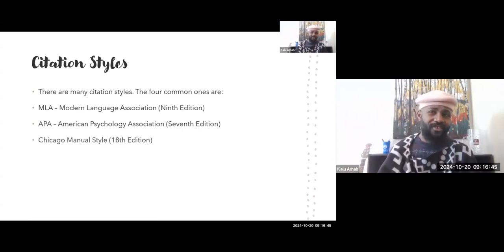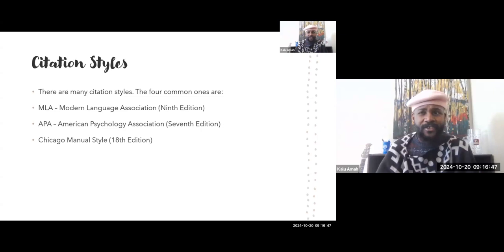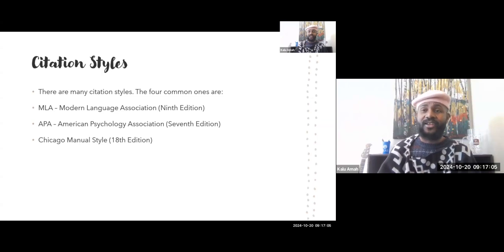But then your professor might want something different. A journal you are trying to submit to might want a citation style that is not what you've known or what you've been doing. So the best thing is to use the citation style that a journal calls for. If there is any journal calling for paper submission, try to adhere to their instructions, including the style manual they want.